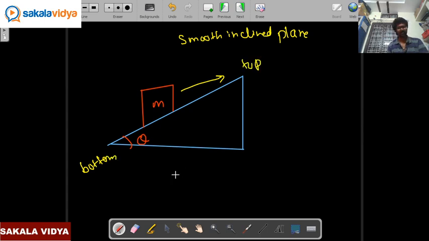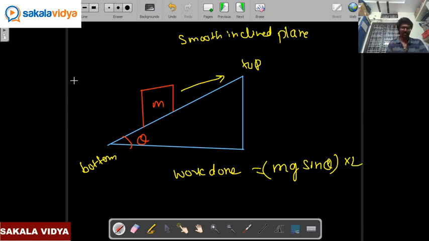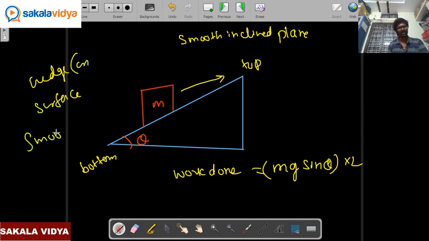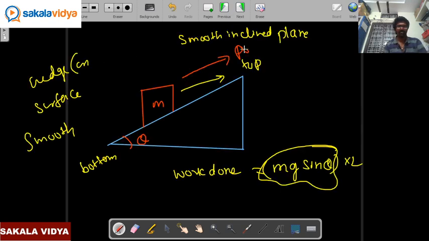Here work done is equal to mg sin theta into L, where the wedge or the surface is smooth, means no friction. But in this case, what is the power required to move this object on an inclined wedge which is smooth, from the bottom surface to the top surface?